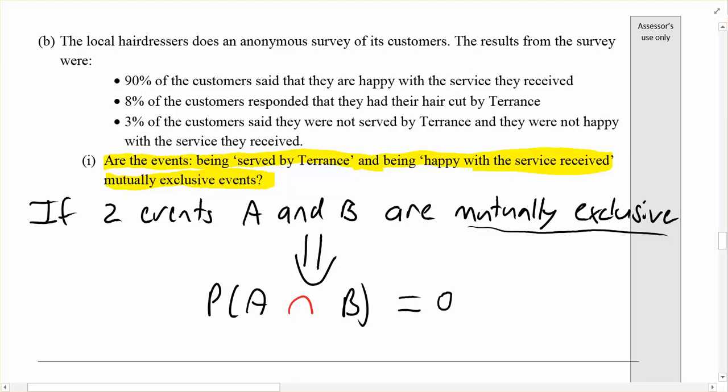And also, within a particular group of data, if we find out that the probability of A and B is 0, then we can conclude that those events A and B are mutually exclusive. So the arrow goes both ways.